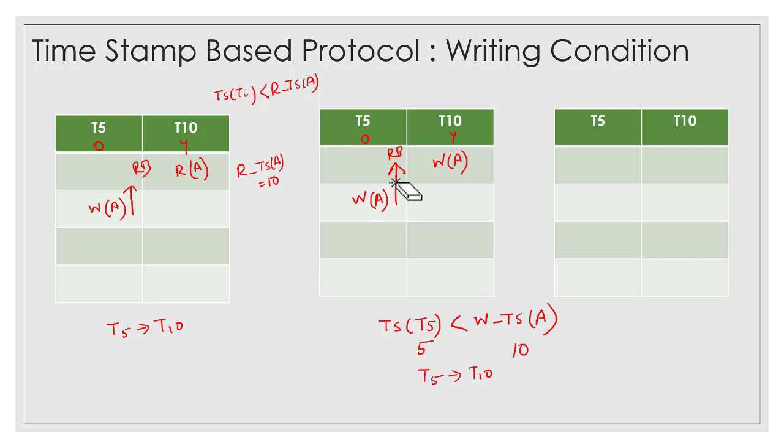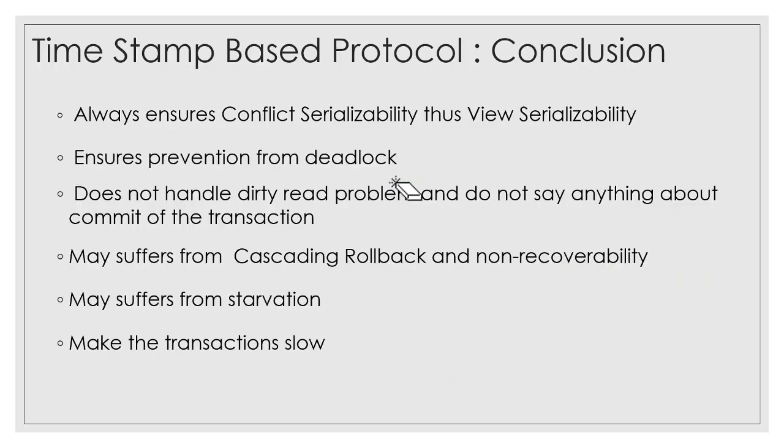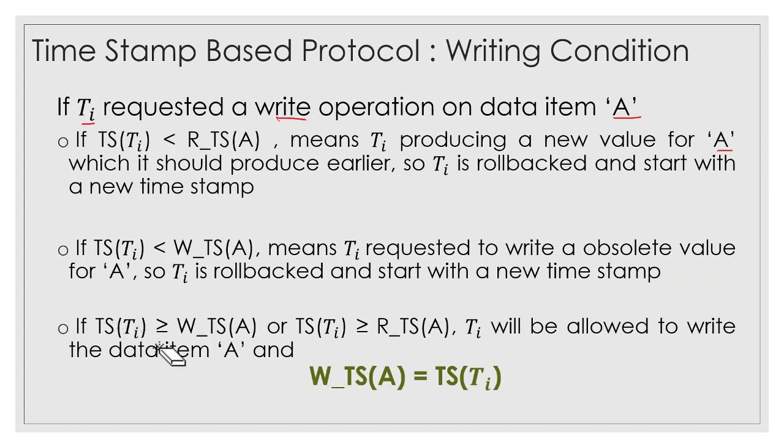new timestamp. Now the next condition says that if TS(Ti) is greater than or equal to, forget about the equals to, because equals to means both transactions are the same.